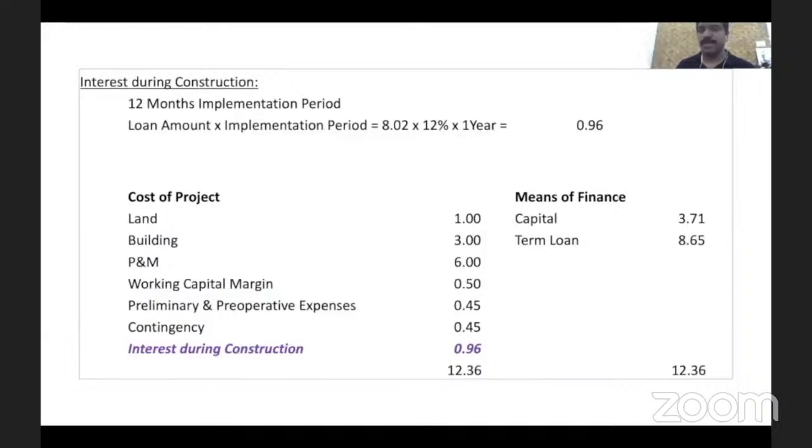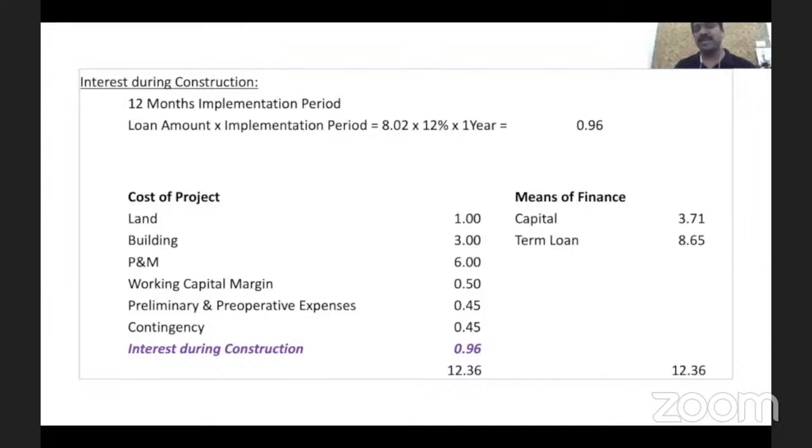But that is required. That's important if you really want to give appropriate oxygen, the lifeblood, for the business. Okay, so the term loan is getting increased on one side, and on the other side, of course, the balance money should come from the capital. It is 3.71 crore. So now a point has come where the borrower should realize that if he wants to take up this project, mere investment of 10 crore is not adequate.